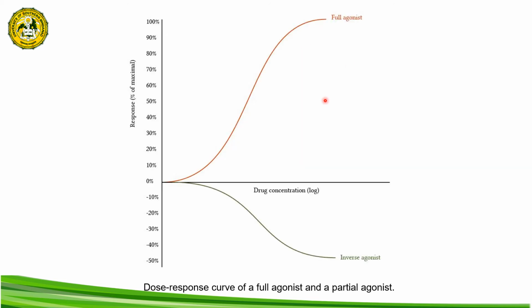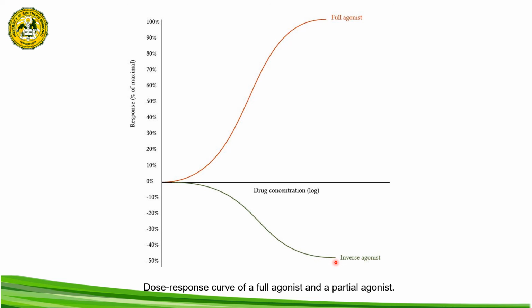We also have here another comparison, the dose response curve of a full agonist versus a partial agonist. Again, when we say inverse agonist, its biological response is opposite to that of the agonist. For example, it will bind to the receptor, blocking the agonist, and at the same time, it will activate the receptor and induce a negative efficacy.